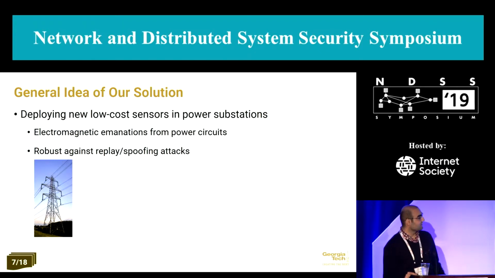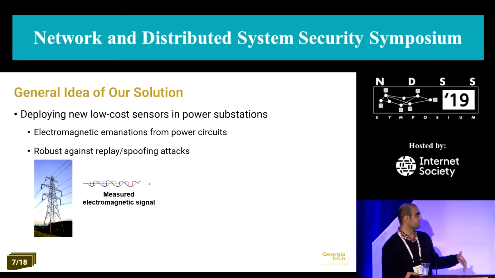So the general idea of our solution is to deploy a low-frequency antenna which measures the electromagnetic emissions of power circuits within the substation, and it is robust against replay and spoofing attacks. Basically, we place our antenna next to the power circuit, let's say 10 feet or 20 feet away, and it measures the electromagnetic signal, which has two main components.